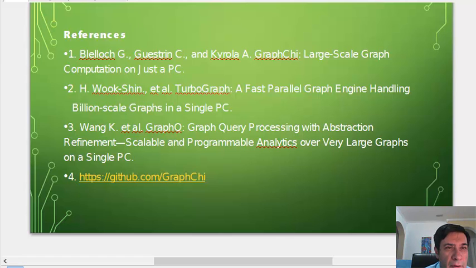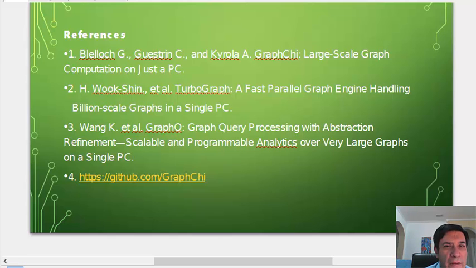In the references, we have, of course, first our main paper, GraphChi, large-scale graph computation on just a PC. And then we have the other two papers that I found regarding an evolution of GraphChi, so systems that overcome GraphChi.